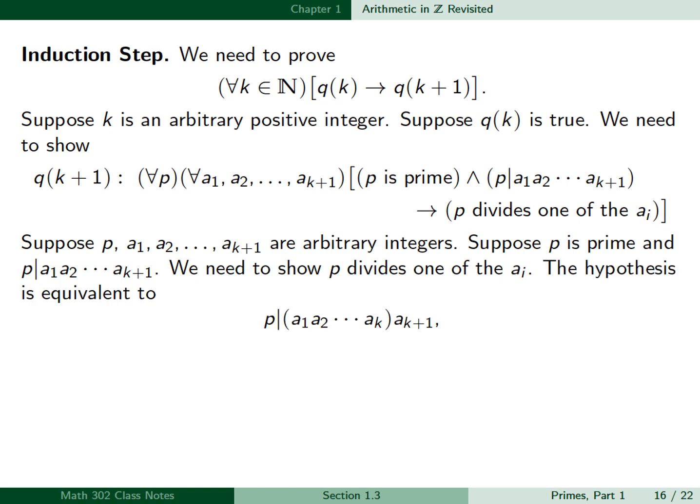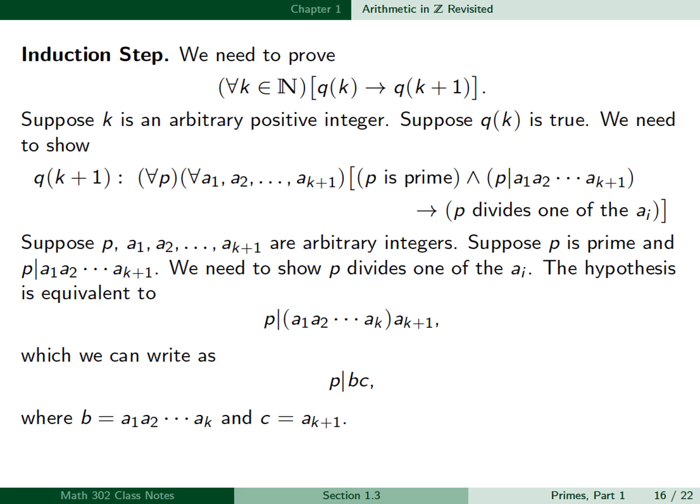Now the hypothesis is equivalent to p divides the product of the quantity a1, a2, down to a sub k, times a sub k+1. So just inserting parentheses around the product of the first k factors on the right of the divides relation, which we can write as p divides BC, where B is a1, a2, down to a sub k, and C is equal to a sub k+1.